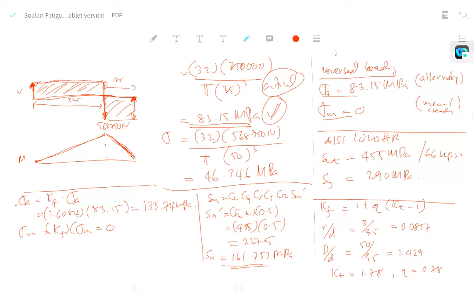Okay, before we insert the values in the equation using the Langer and Goodman criteria, the next step is the combined stress. We need to combine stress.